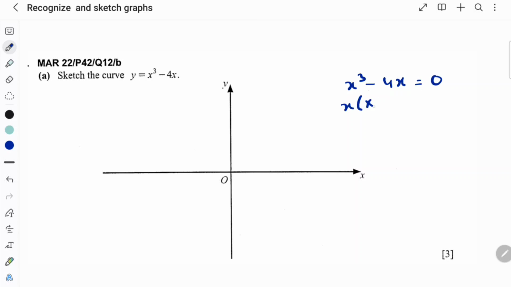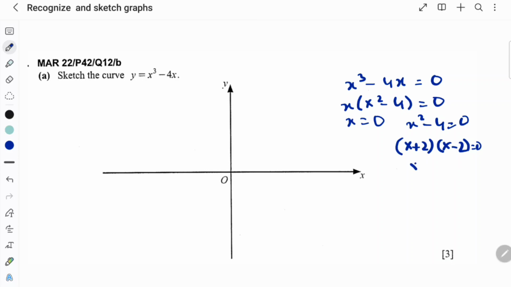Taking x common, x squared minus 4 equals 0. So x equals 0, and x squared minus 4 equals 0, so (x plus 2)(x minus 2) equals 0. Then x equals 2 and minus 2. It means that it will be 2 and minus 2, and 0 also.